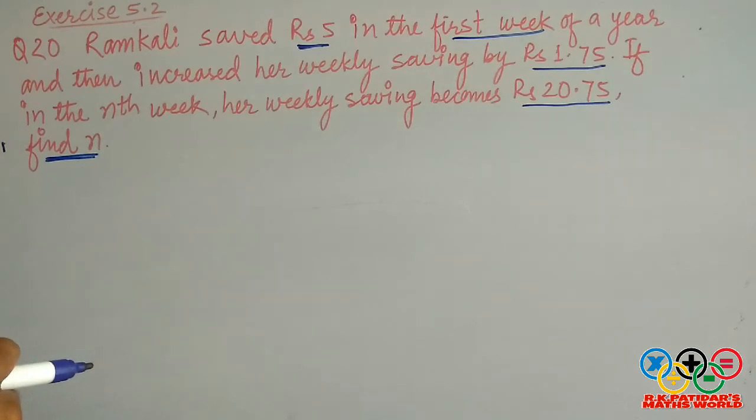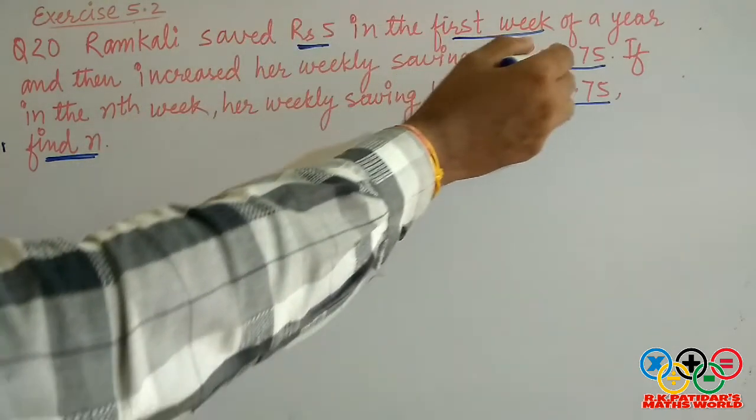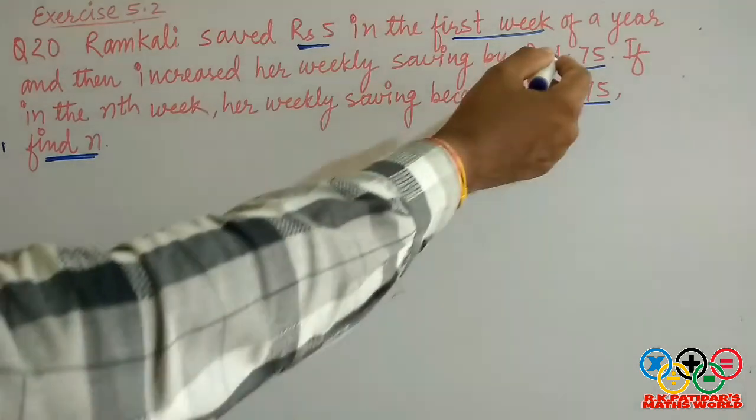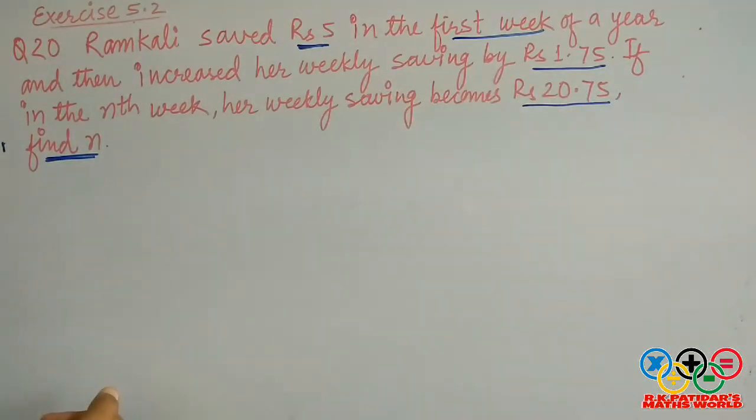This question is same as the previous one. Here the first term is given and the common difference is 1.75 because she increased her saving by rupees 1.75, and this is the nth term.